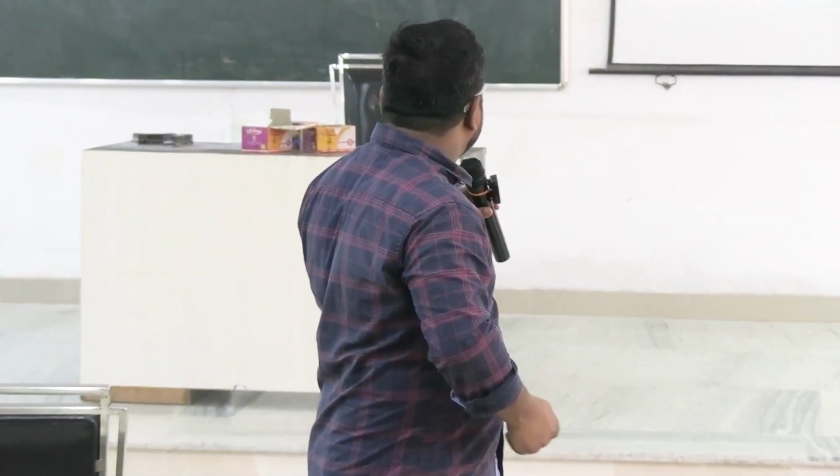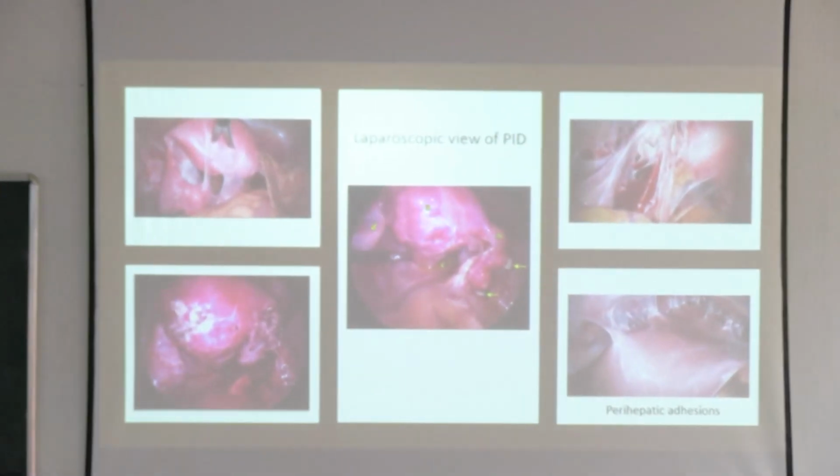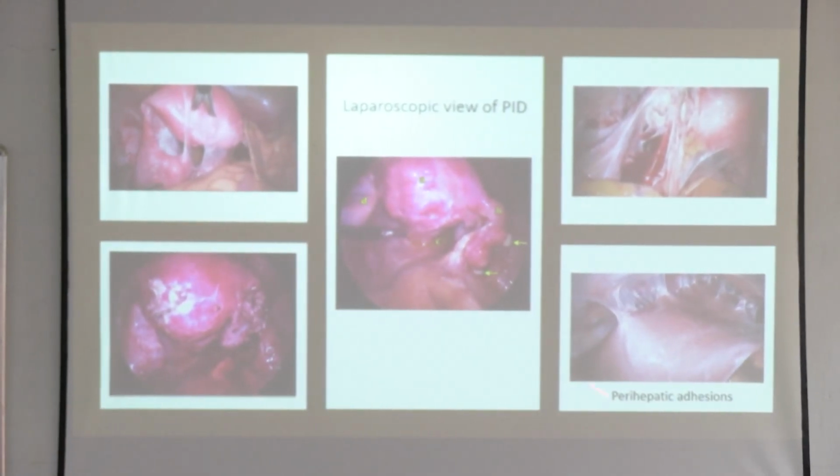Which body part is infected in Fitz-Hugh-Curtis syndrome? No. Above or upward? Okay. Let me show you what Fitz-Hugh-Curtis is. This one. What is this organ? What is this organ in laparoscopy?